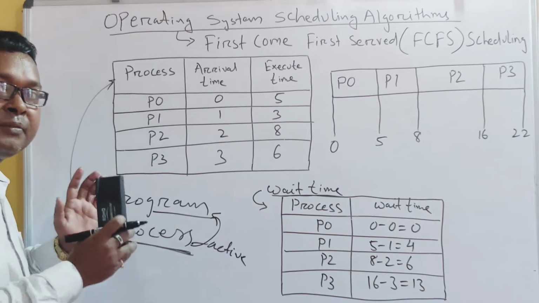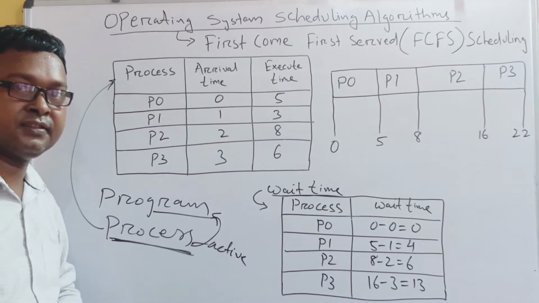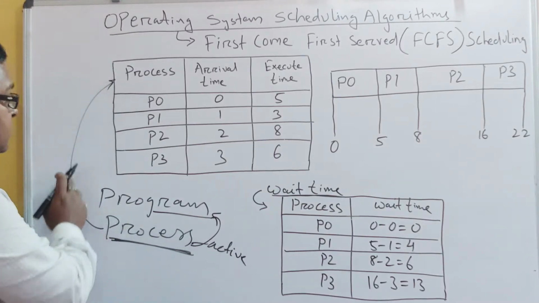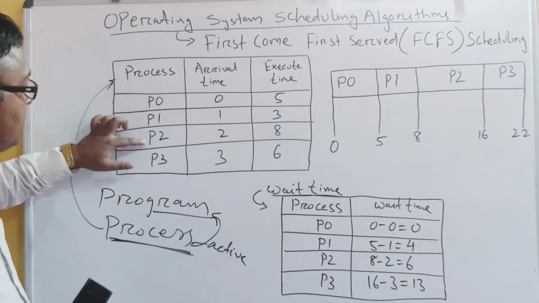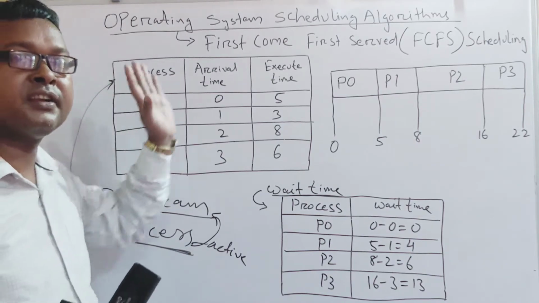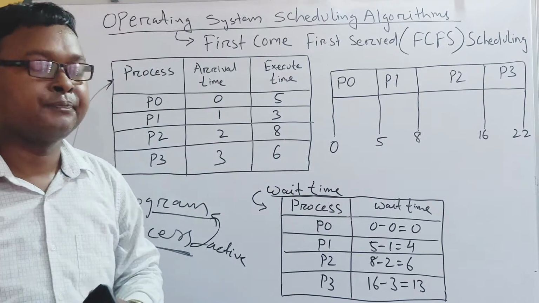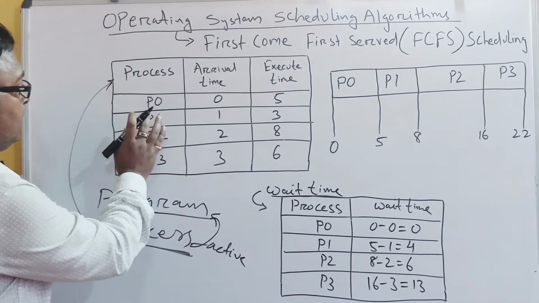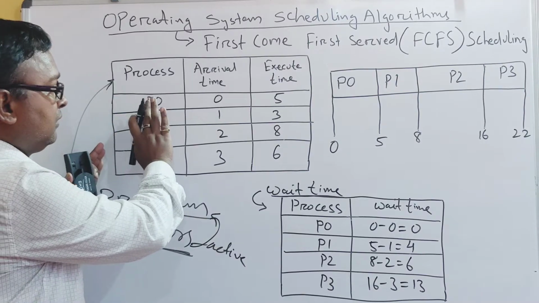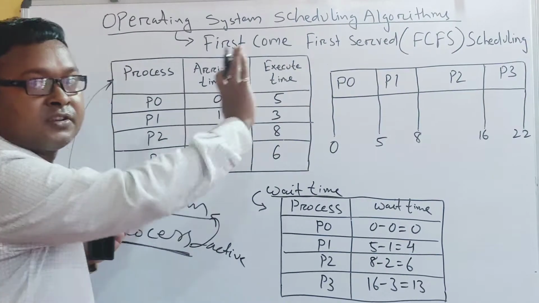It has divided the program into four processes, P0, P1, P2, P3, and these are ready to enter the CPU or the processor for execution. Now they will start entering the processor.